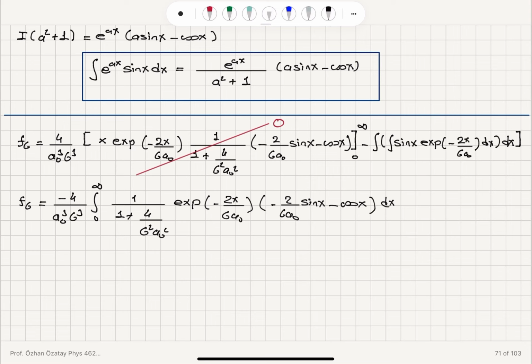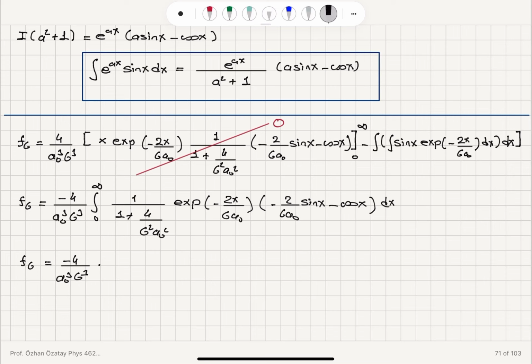So if I rewrite this, atomic form factor is equal to minus 4 over a0 cube g cube. Now you can see here this is basically 4 plus g square a0 square, and then this goes upstairs.